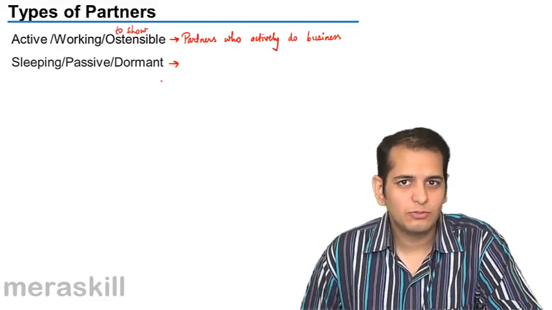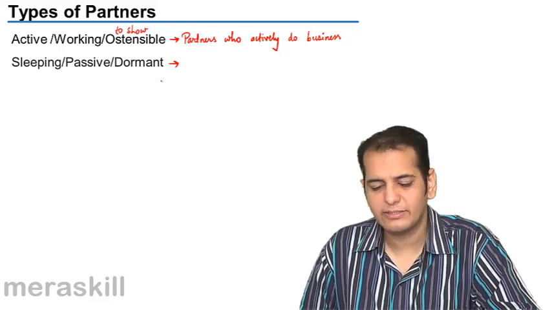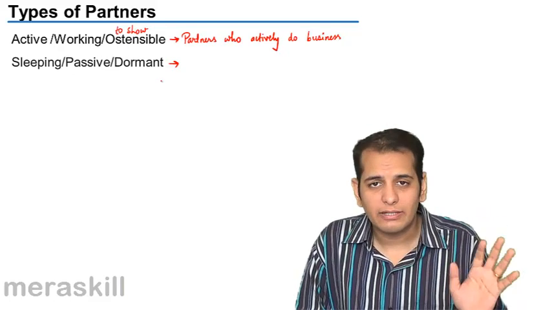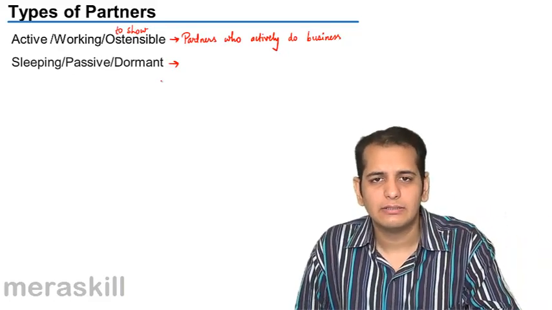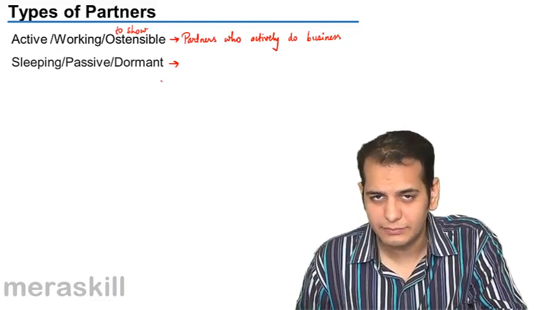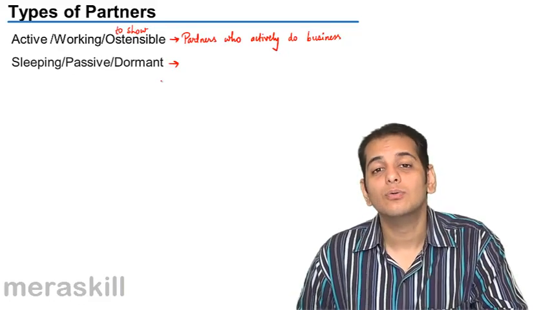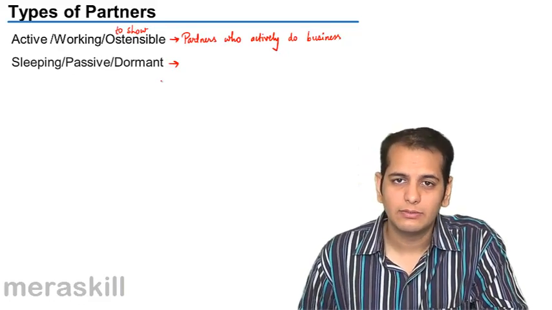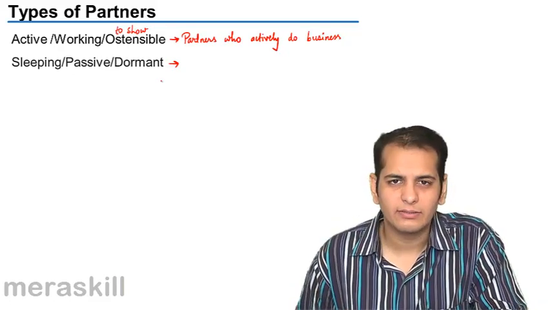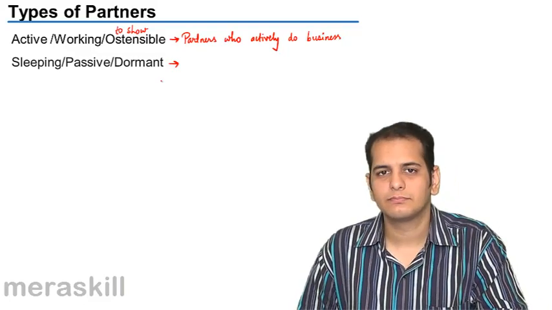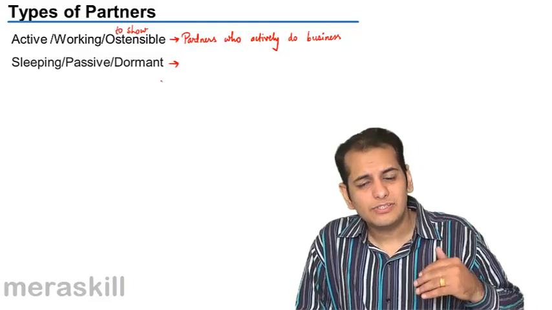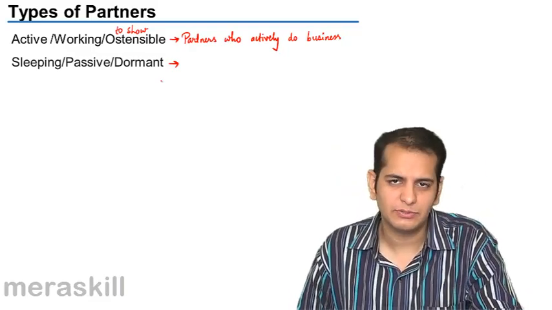That is, they don't work, they are dormant. Dormant means again sleeping. Passive again means, out of life. They don't have life. They are passive. Active means somebody who does activity, and passive means who is not doing any activity, who is not doing anything for the partnership. So this is the kind of partner which only gives his capital to the partnership.